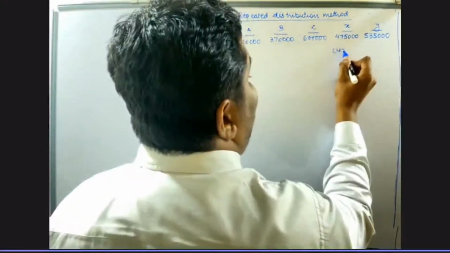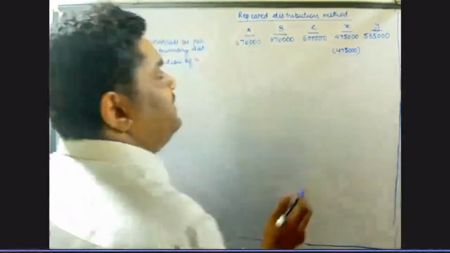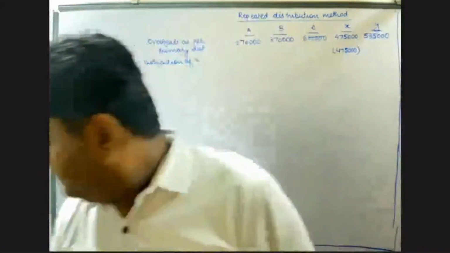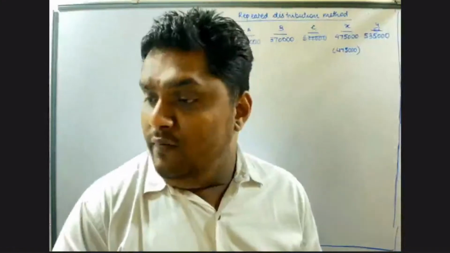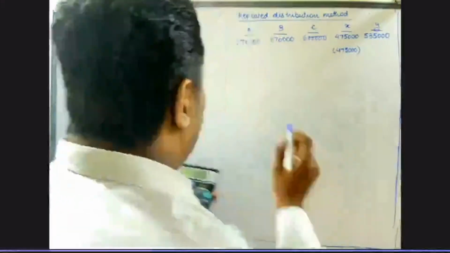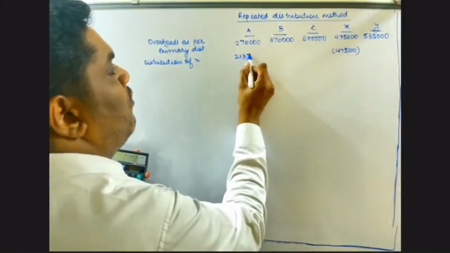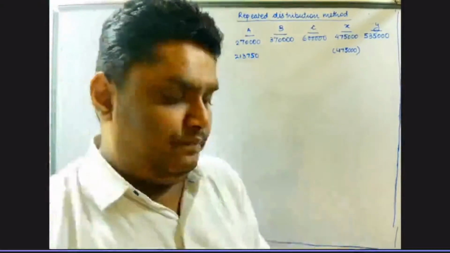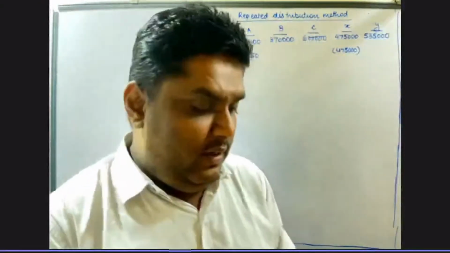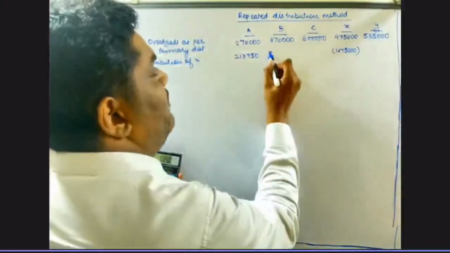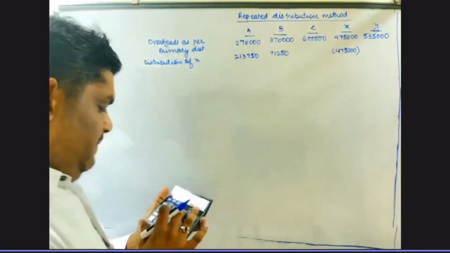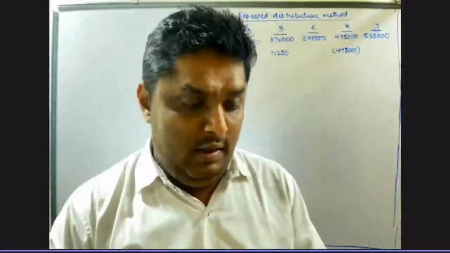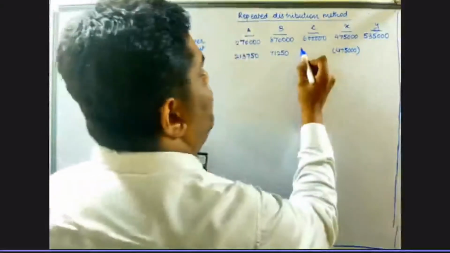So total 4,75,000 is to be distributed among the three production departments and service department Y. So here the total overheads are 4,75,000 as calculated, into 45% belongs to A. So 213,750. 15% is to be distributed to B. So 71,250. 30% goes to C, 142,500.